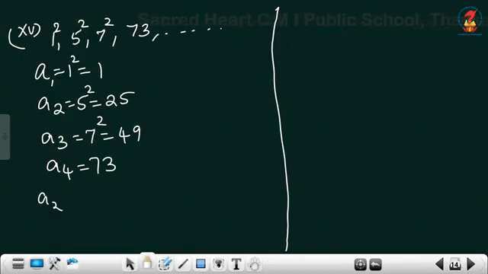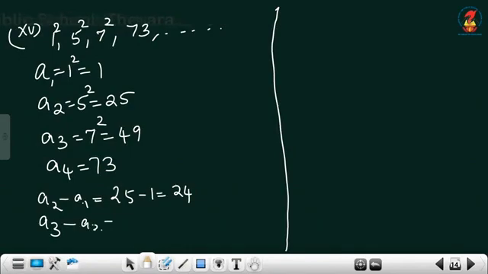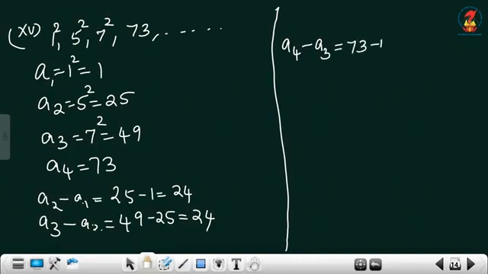So, A2 minus A1. A2 is 25 minus 1 is equal to 24. A3 minus A2 is equal to 49 minus 25, it is again equal to 24. And A4 minus A3 is equal to 73 minus 49, which is again equal to 24.